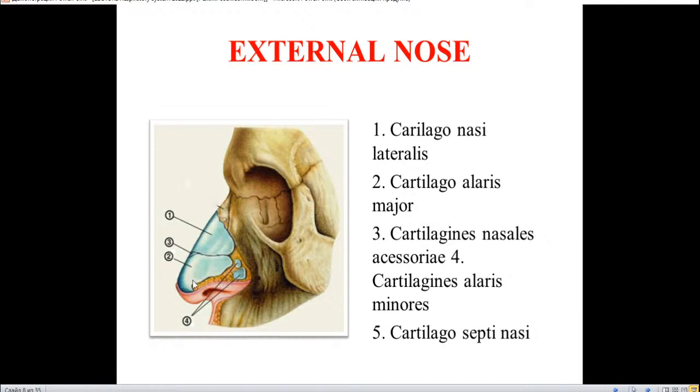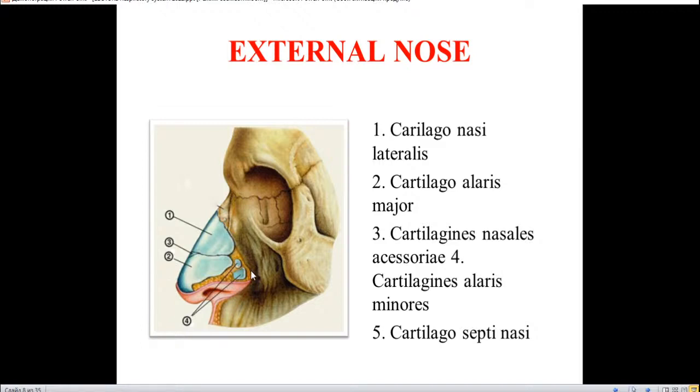So enlarging of this volume during life will cause that in more adult and old people the shape of the nose is somewhat bigger than in younger persons. So in general, the nose has radix, dorsum, apex, ala, and base of the nose.